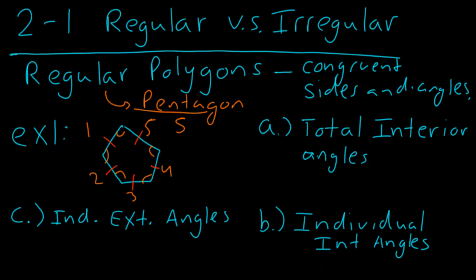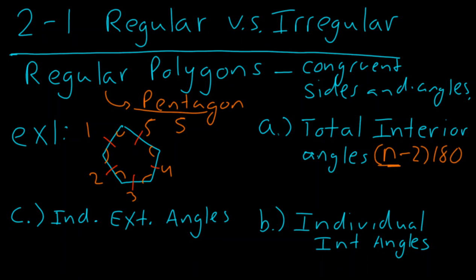Now, for us to answer the following 3 questions, we need to know a couple of things. Thing number 1, we want to find the total number of the interior angles. And how do you do something like that? Well, we have a formula, and we'll use this for every single polygon in general: n minus 2, times 180, where n is the number of sides.